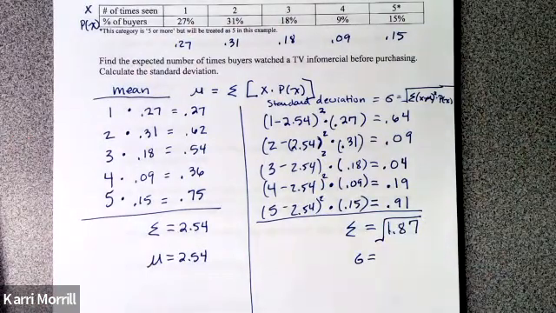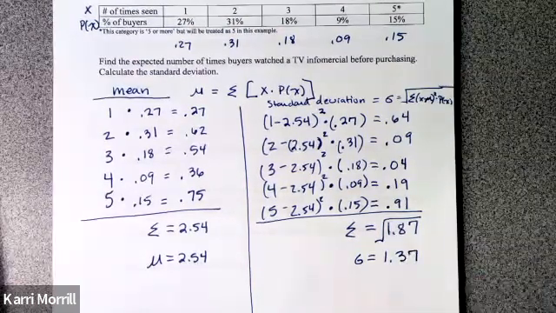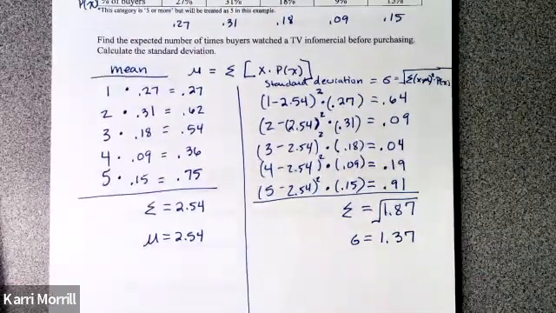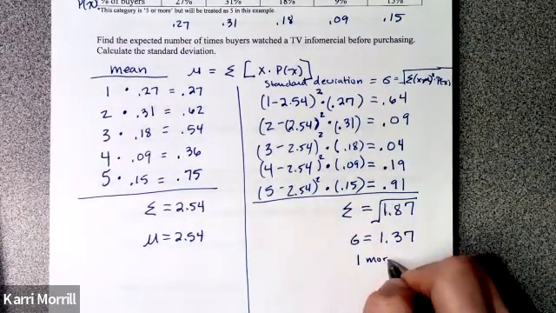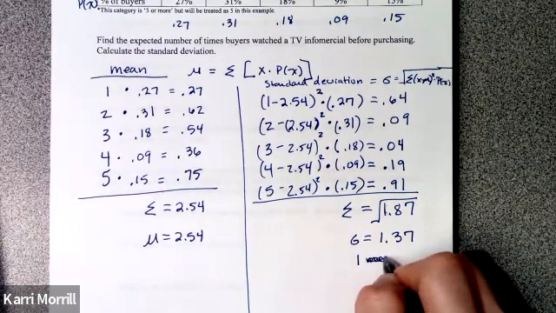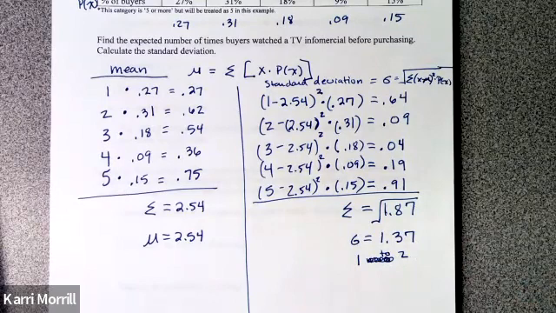So the square root of 1.87 is 1.37 when we round it. So that would be more or less, in this case, well, not 1 to 2.